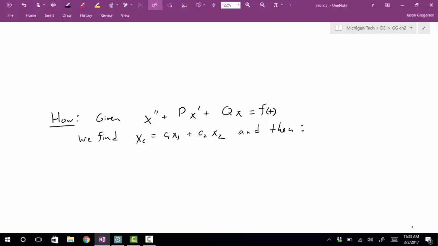I'm going to start by saying, we're going to make this assumption, and then we're going to plug it in, and we're going to see this and this. And then in the end, we're going to establish a mechanical process to calculate this thing, this thing, this thing, and put them together like this. So it's going to be a theoretical approach at first, and then we're going to go through a mechanical process that you need to do your homework.